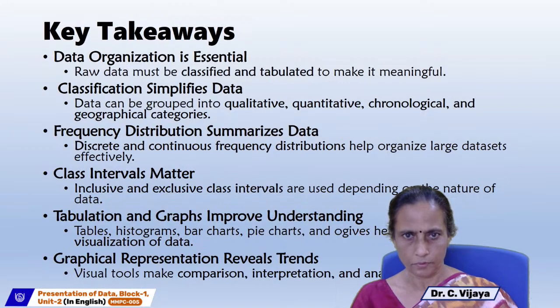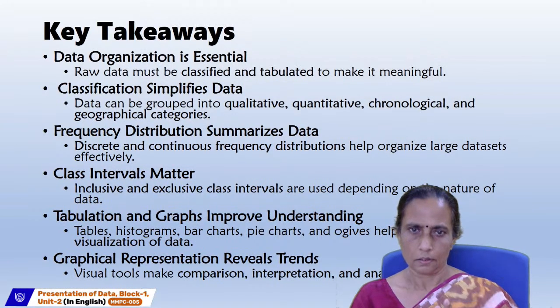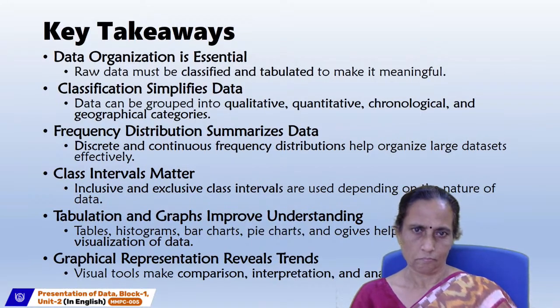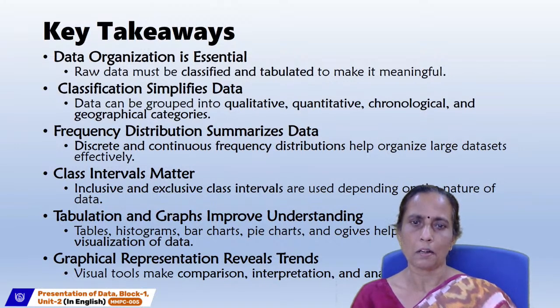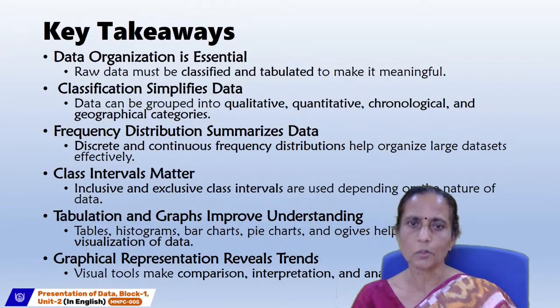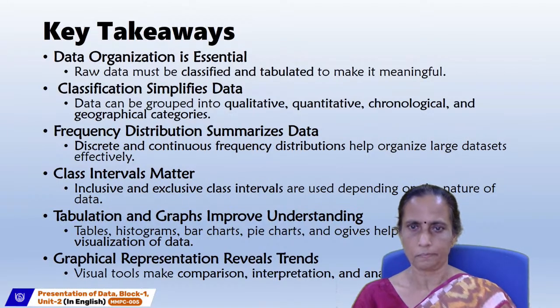Maybe qualitative, that means we will be categorizing the data by using an attribute, maybe the sex of the students, maybe the color of the students, or maybe the color of a car. And by quantitative, we mean all the attributes which can be measured numerically, and then we can represent them as a quantitative classification.